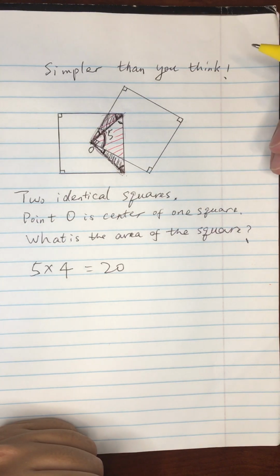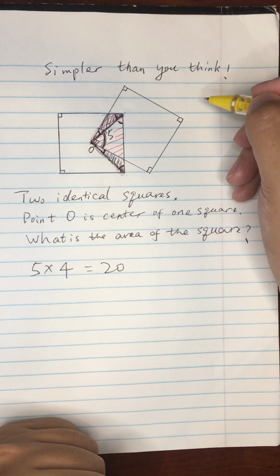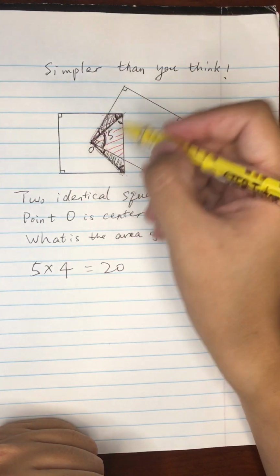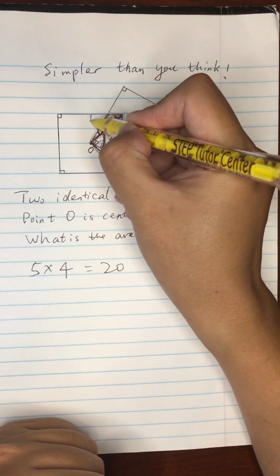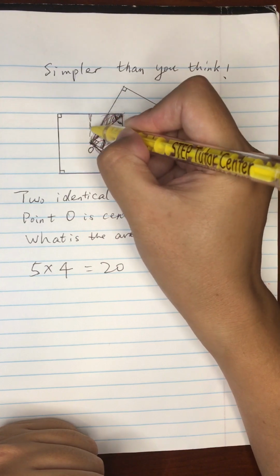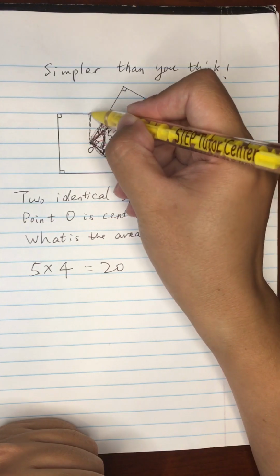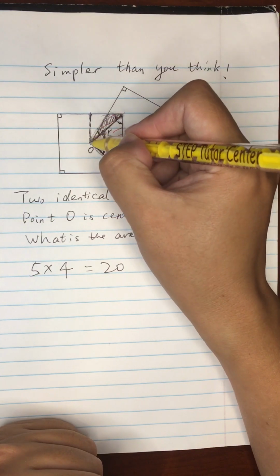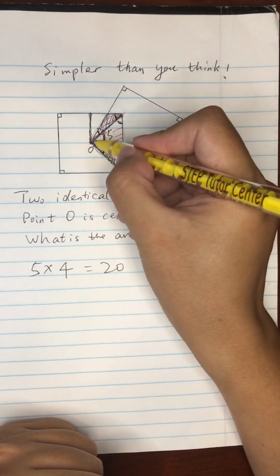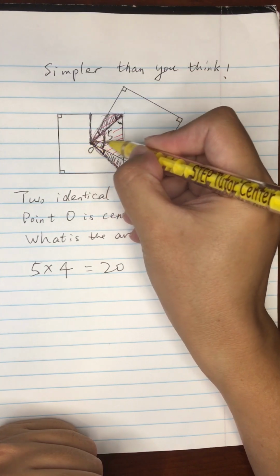But that's just one of the approaches for cut and paste. You can also solve the problem by doing another cut and paste. Instead of connecting the two points, we can draw a vertical line in the middle, and then draw a horizontal line in the middle.